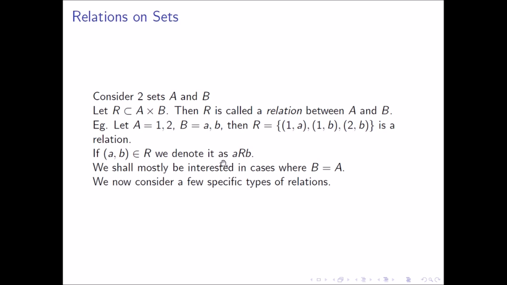You get it? aRb. So we shall mostly be interested in cases where B is equal to A. That is, R is a subset of A cross A. So let's consider that and see a few examples or types of relations.